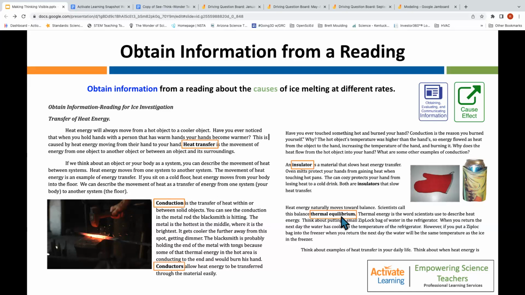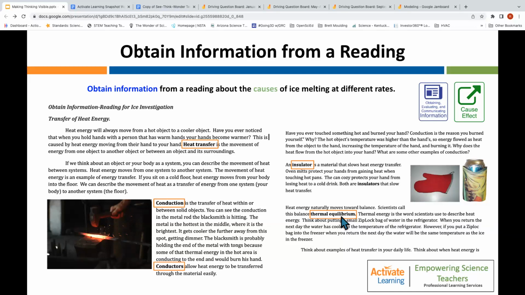They will learn words like heat transfer, conduction, conducted, insulator, thermal equilibrium. And yes, this is a middle school experience. And so in their initial ideas, would I have them have this language yet? No, they weren't ready for it. That's just eliciting initial ideas.